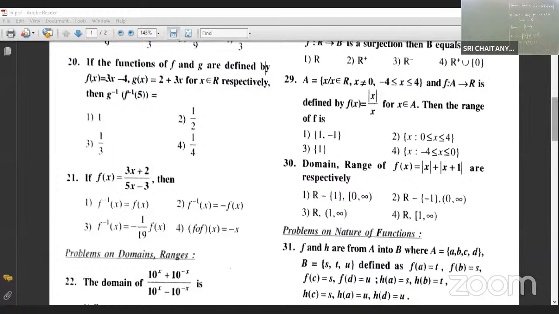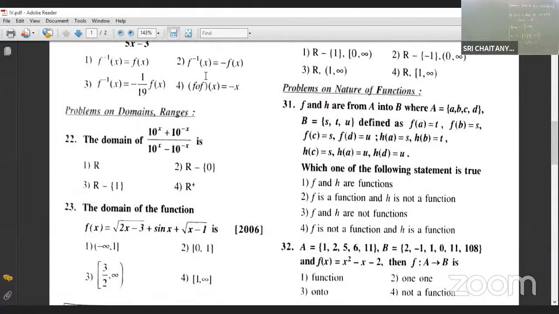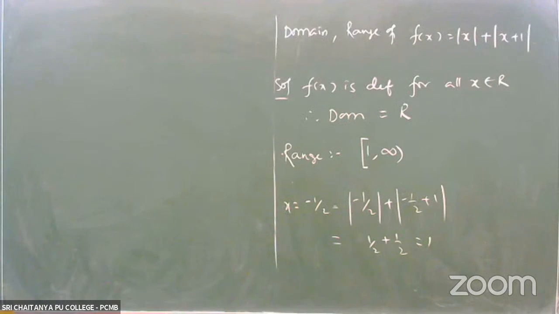Now see problem number 31, which I am going to share on the screen. Observe that 31st problem.